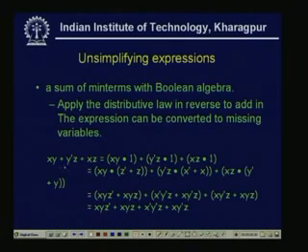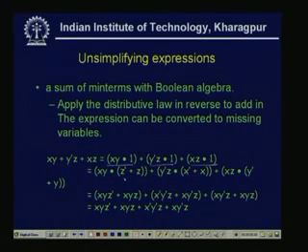So, if I want all the min terms to contain all the variables, then xy I can write as xy·1. Similarly, y'z is y'z·1, and xz·1. Now see here, in the first term the literal z is missing.